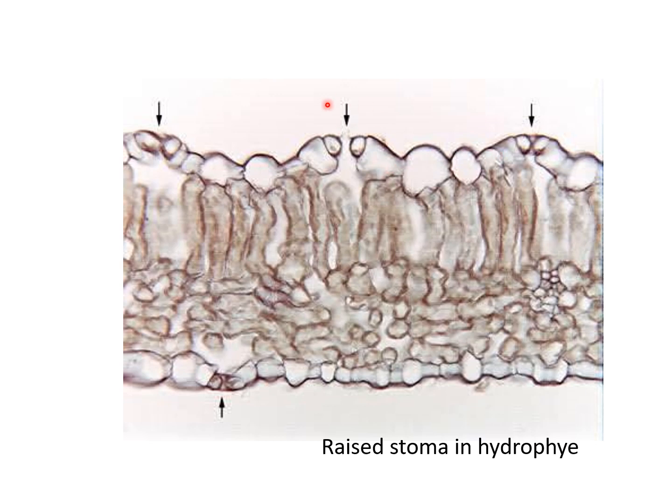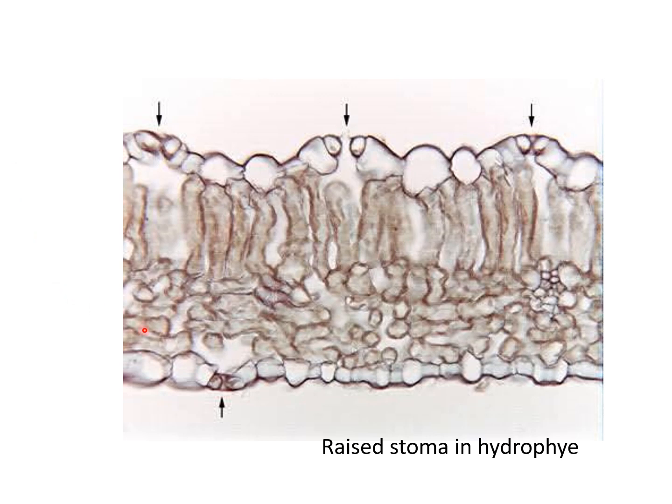Here is the epidermis and this is the guard cell and the stoma. This character can help plants evaporate water from the stomata faster because they are living in the water.